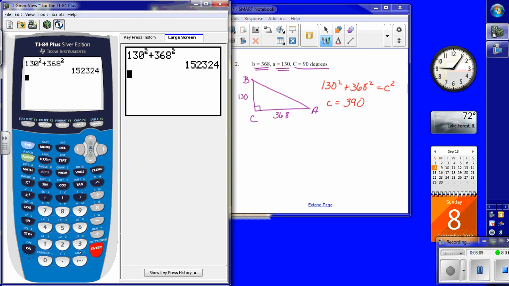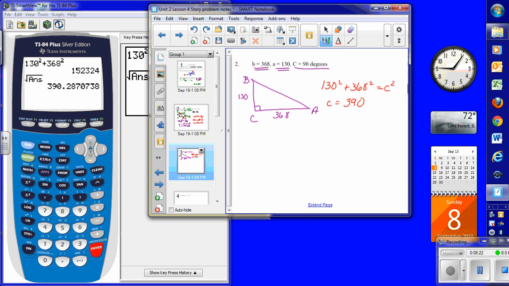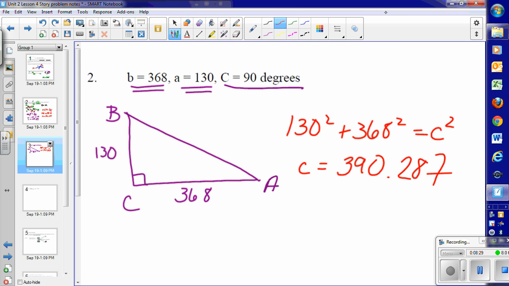And here we go, and then the square root of that answer. Okay, so there were the decimal places. I didn't write that down on my own notes, so I better write that down now. 287. Alright, so there's my answer for C.